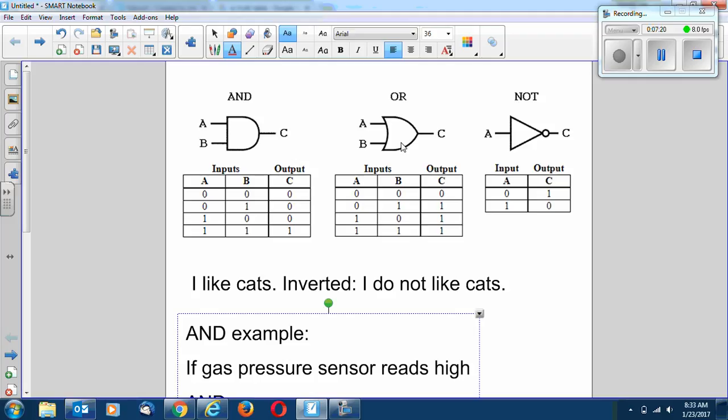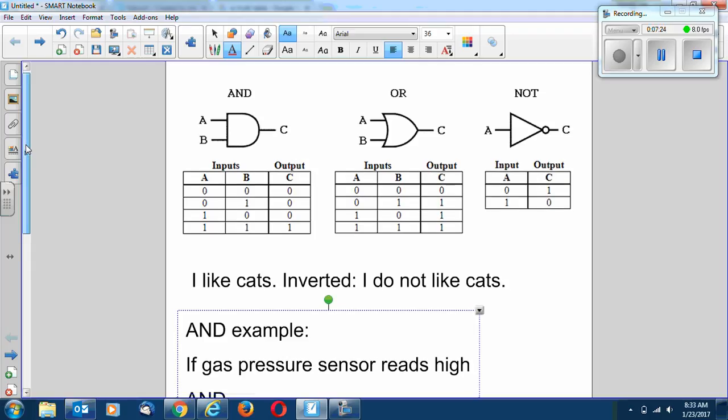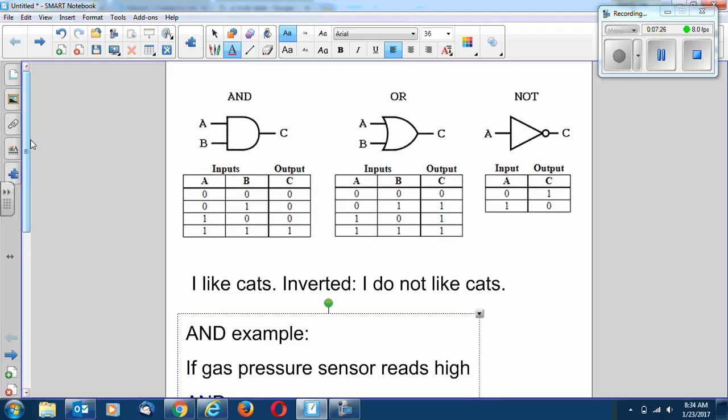If he brings me both, even better. So this one is either or both. And all of those options will give you a 1. And only if neither of them are true, I didn't get a hamburger or a hot dog, only then will it give me out a 0.